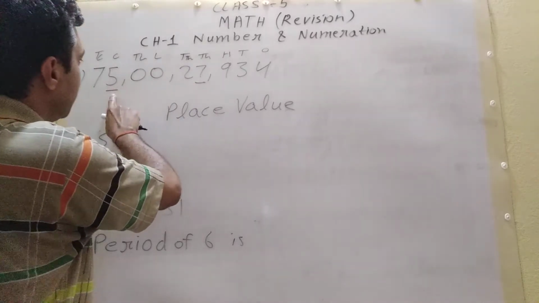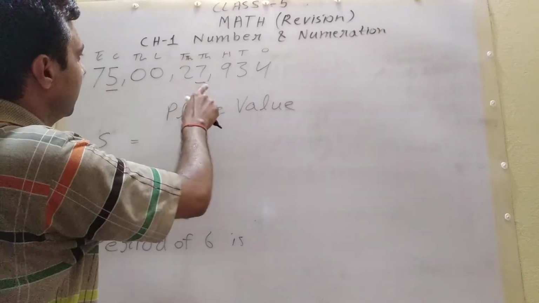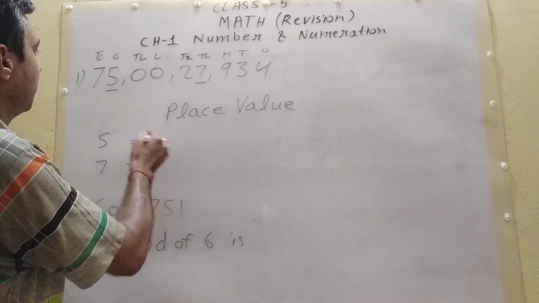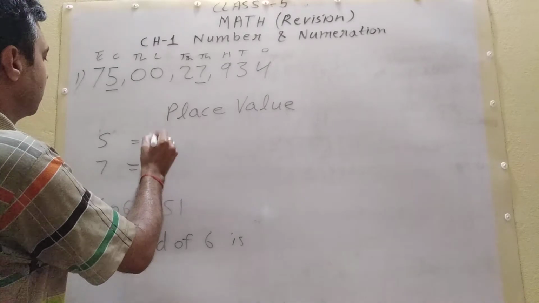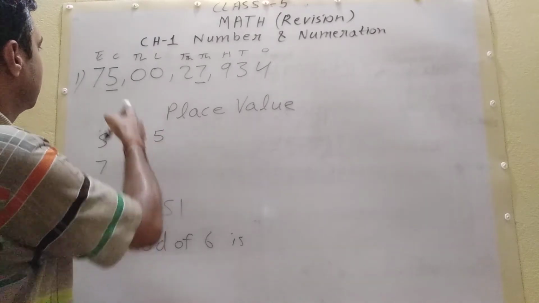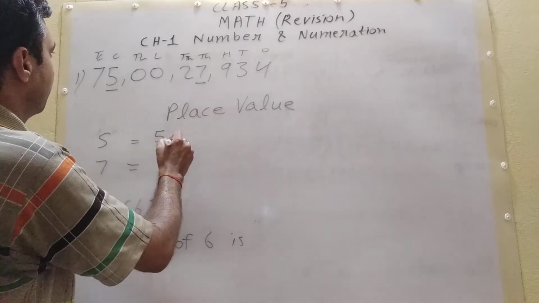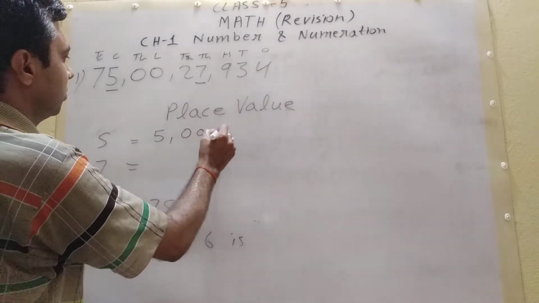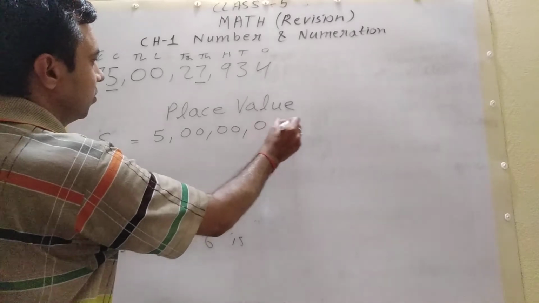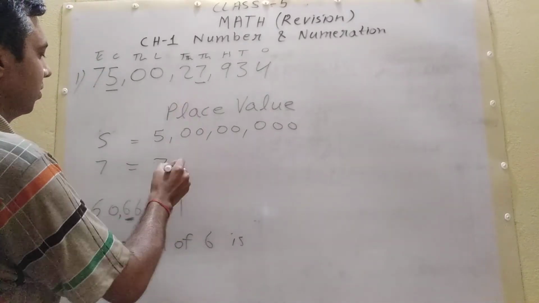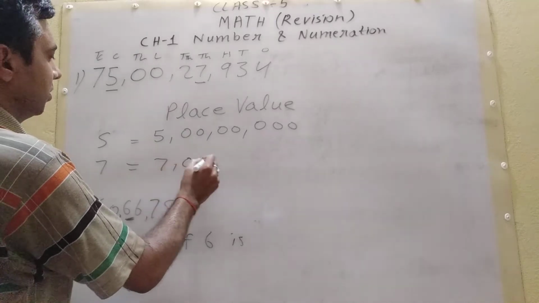So what we do is simply write the digit 5 and then make the rest of the digits 0: 5, 0, 0, 0, 0, 0, 0, 0. For this 7, write 7, 0, 0, 0, 0.